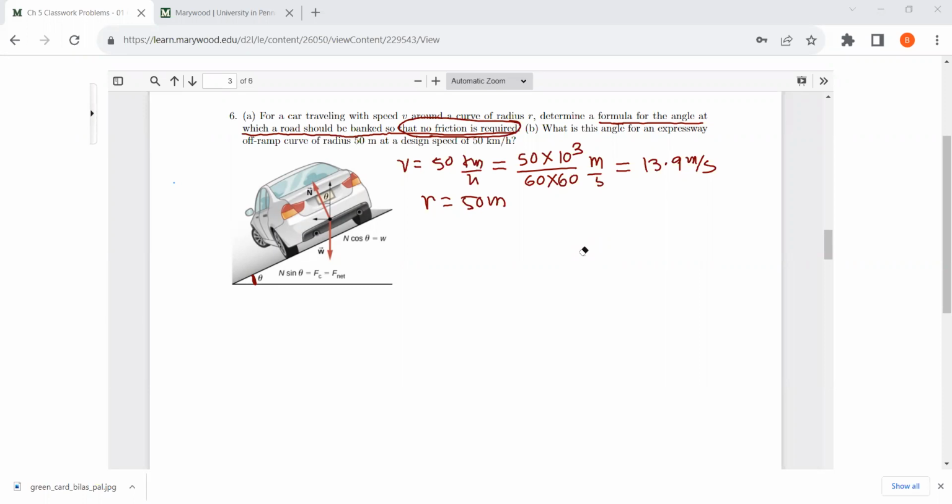So when a car is in a banked curve, the figure looks something like this. It looks like it is on an inclined plane, right? The only difference between the inclined plane problem and this problem is that in inclined plane problems we modify the coordinate system.